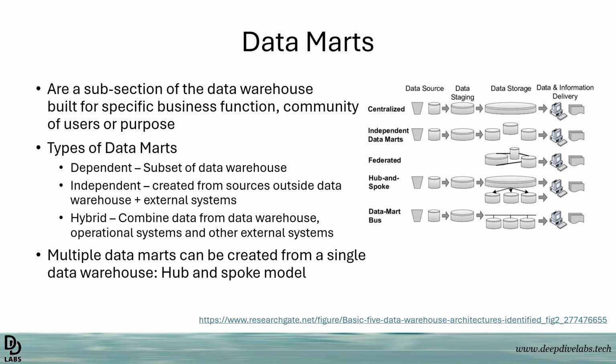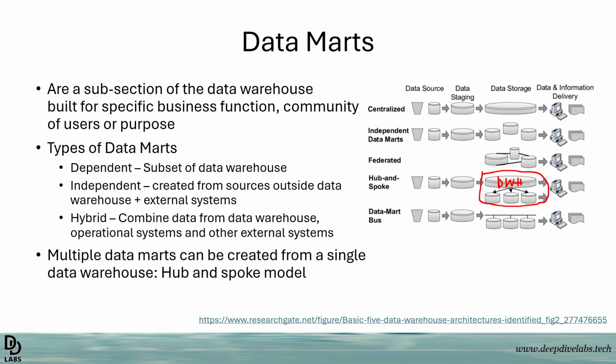Typically multiple data marts can be created from a single data warehouse, which is called the hub and spokes model. This is essentially your dependent data mart, right? So this is your data warehouse, and then that is feeding into your different specific data marts.